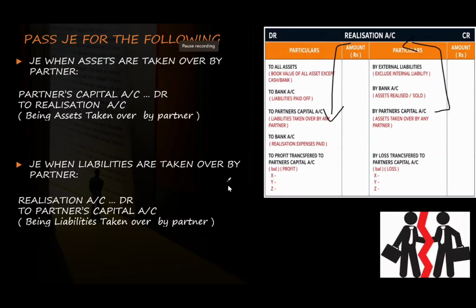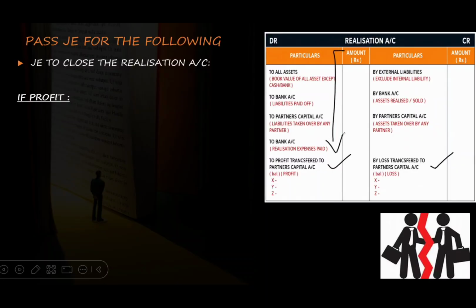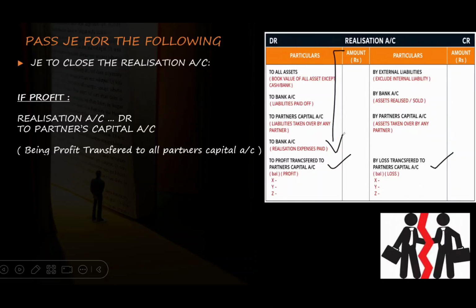The other entries are for how to close the realization account. Now, when we have to close the realization account, the account may have a profit or it can be a loss. So we have to pass a journal entry if it is profit and if it is loss. If it is profit, the entry will be realization account debit to the partner's capital account, being profit transferred to the partner's capital account.